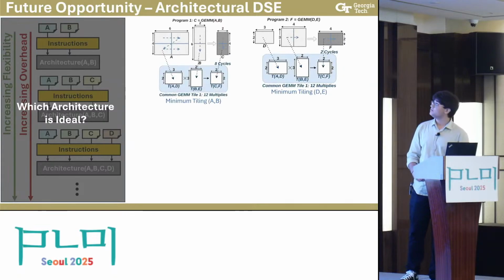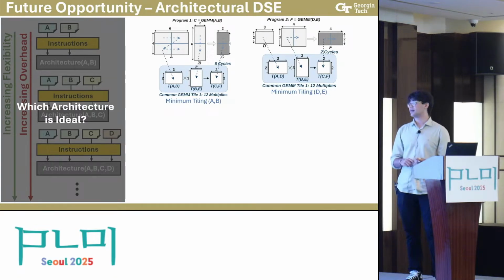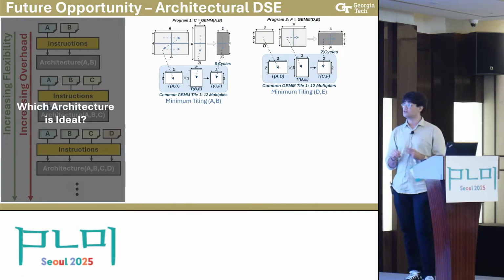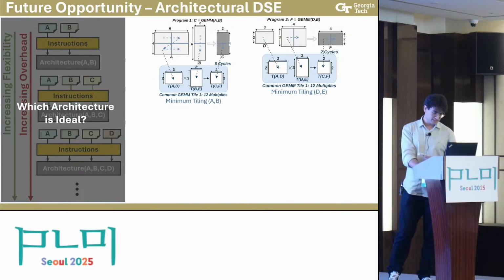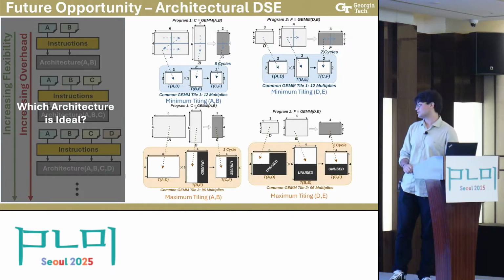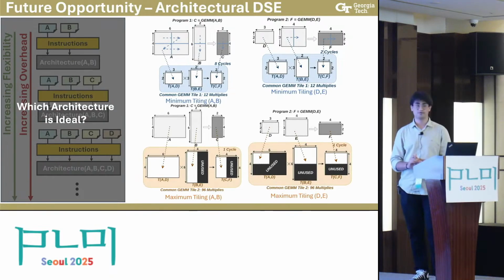One other potential architectural DSE we want to highlight is that, in this work, we do tiling. When we tile, we use what I like to call a minimal tiling with the greatest common divisor. So it's the smallest matrix multiply that can tile both operations in this case. But you can also do a maximal tiling, which is the lowest common multiple of your loop domains.